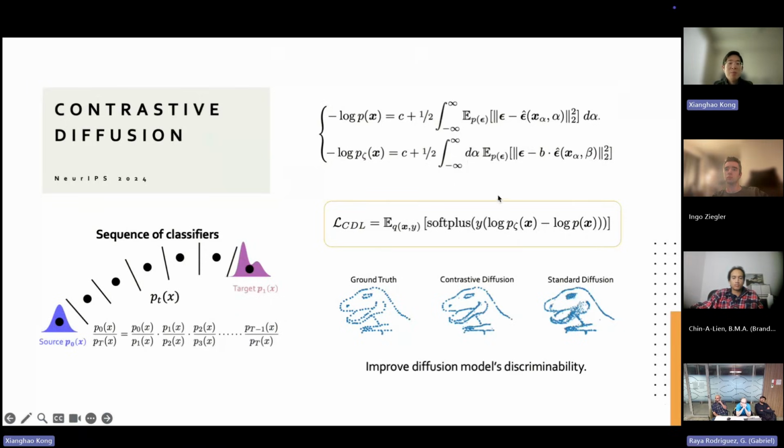And it will push the diffusion model towards the optimal denoiser. Sorry, what is y in your equation? Oh, why? y is just an indicator. You can regard it as a class, like y equals 1 or y equals 0, corresponding to an LLR-like classifier. Okay.